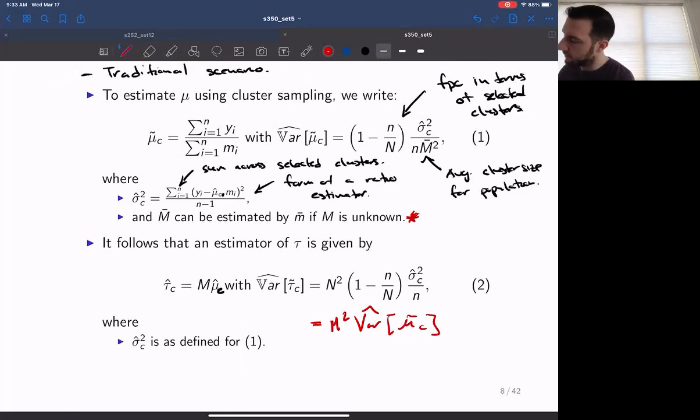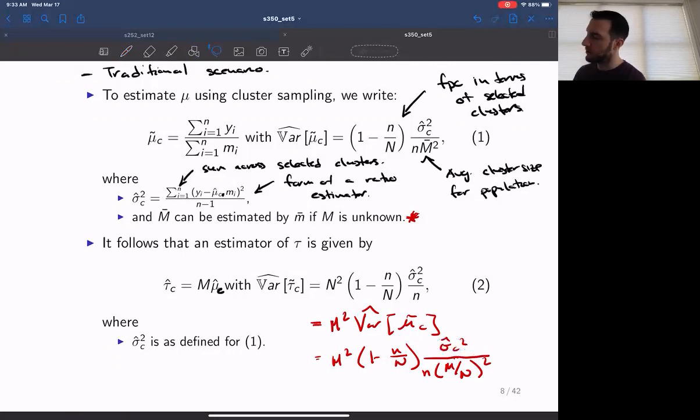But then the variance of mu tilde c is m squared multiplied by 1 minus little n over capital N, sigma hat c squared divided by little n. And then you have here capital M over little n, all squared. You can see what's going to happen here is the capital M's are going to cancel out, so those divide out.